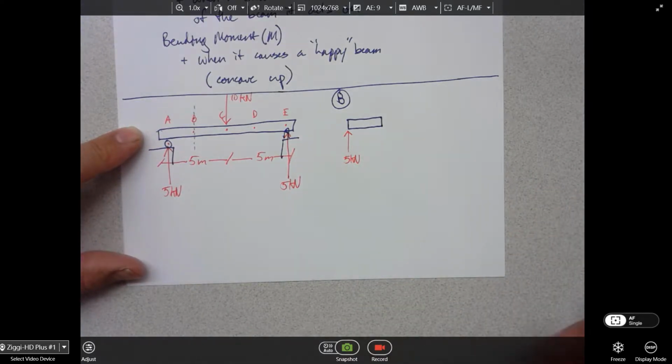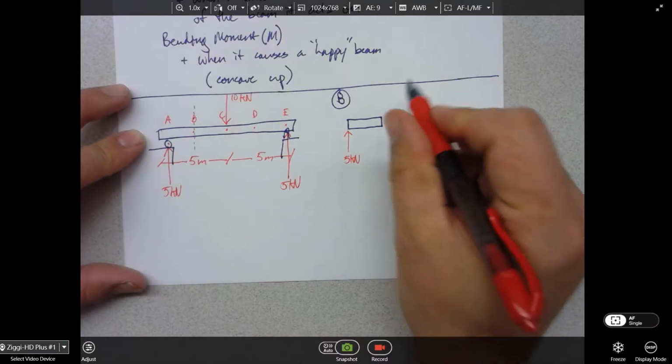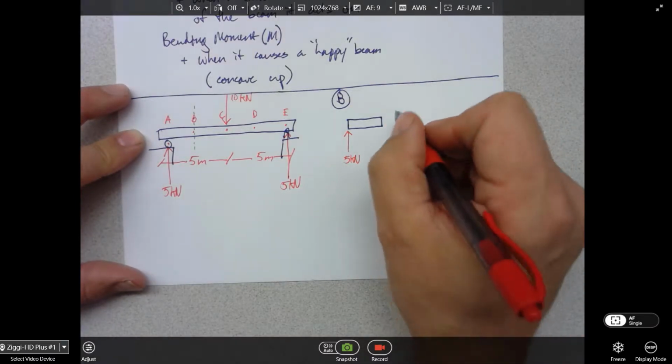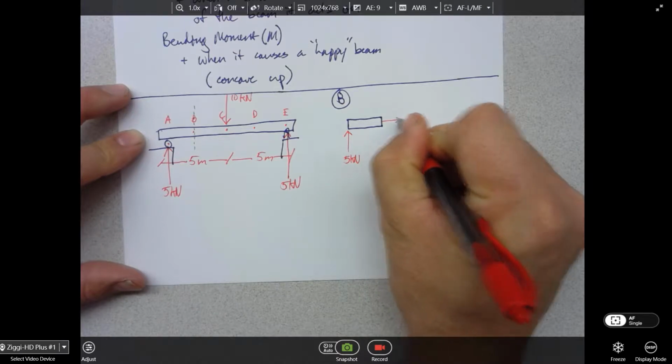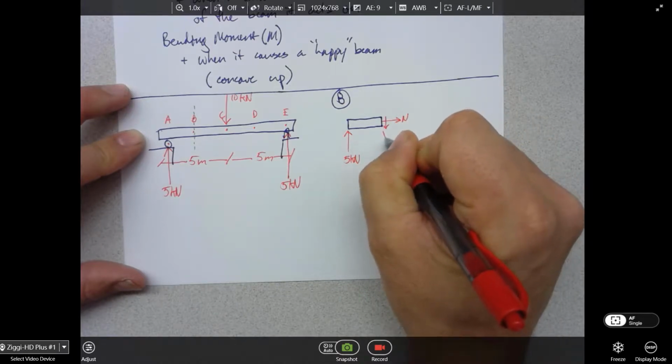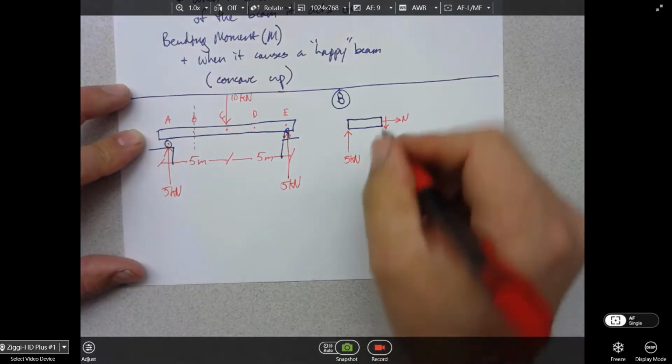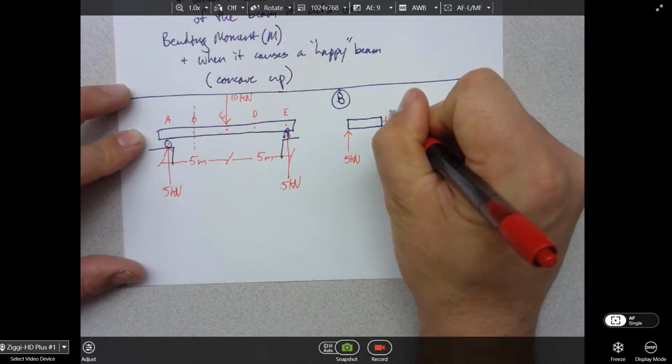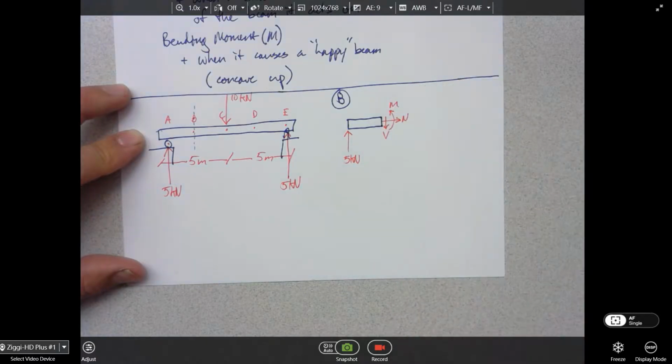Then we draw our unknowns in the positive direction. So I'm going to have some unknown normal coming out, some shear going down, because we want it to spin it clockwise, and I'll have some moment making it a happy beam.